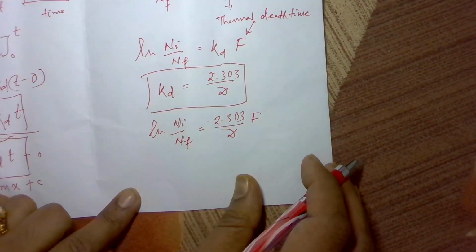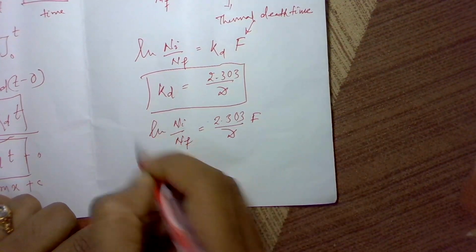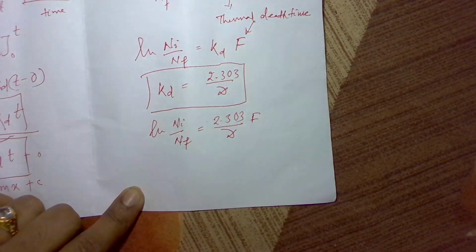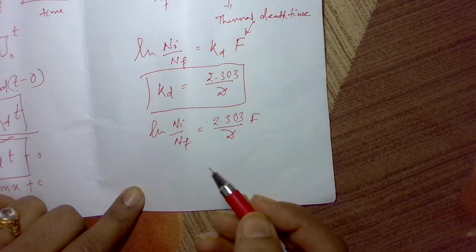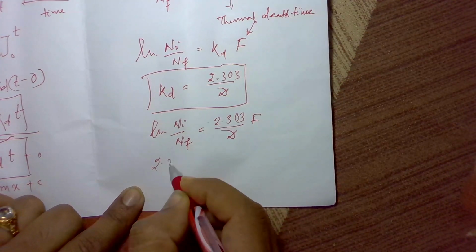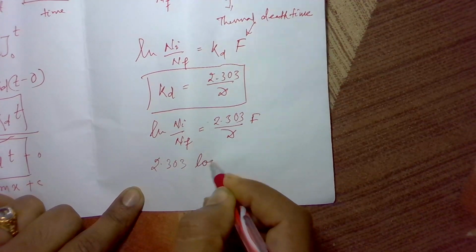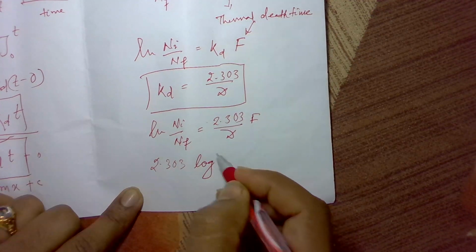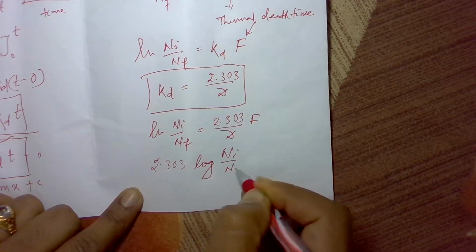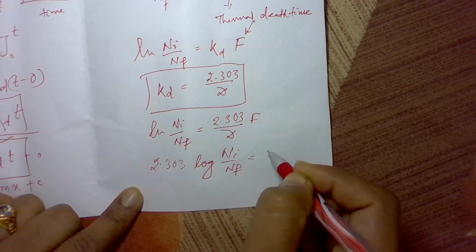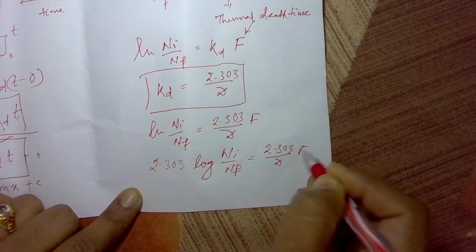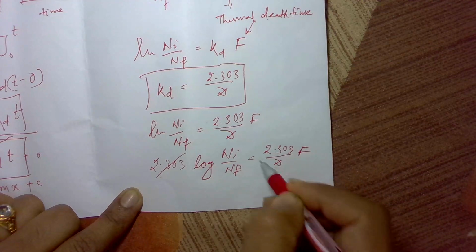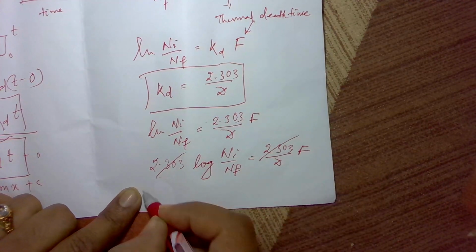So here, how do we convert this ln to log? If I want to represent this in the form of log, what do I have to do? It is 2.303 log. So 2.303 log(Ni/Nf) is equal to 2.303 divided by D into F. So I can cancel out 2.303 and 2.303.